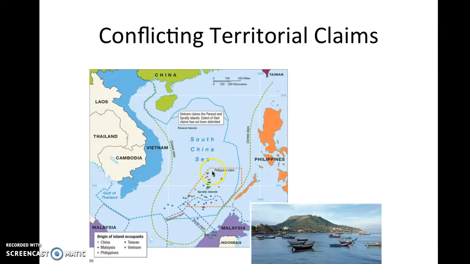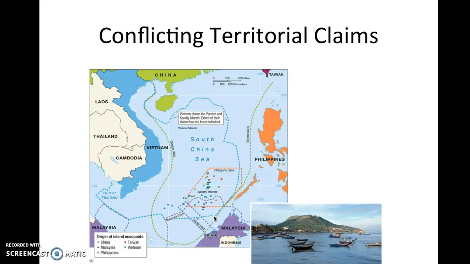The World Court recently decided that China can't claim this, that it belongs to other countries, particularly this region right in here. Part of the reason they're doing that is because they believe there's a lot of natural gas and oil in there, and they want to get part of it. So you have China, Malaysia, the Philippines, Taiwan, and Vietnam all claiming part of this area.